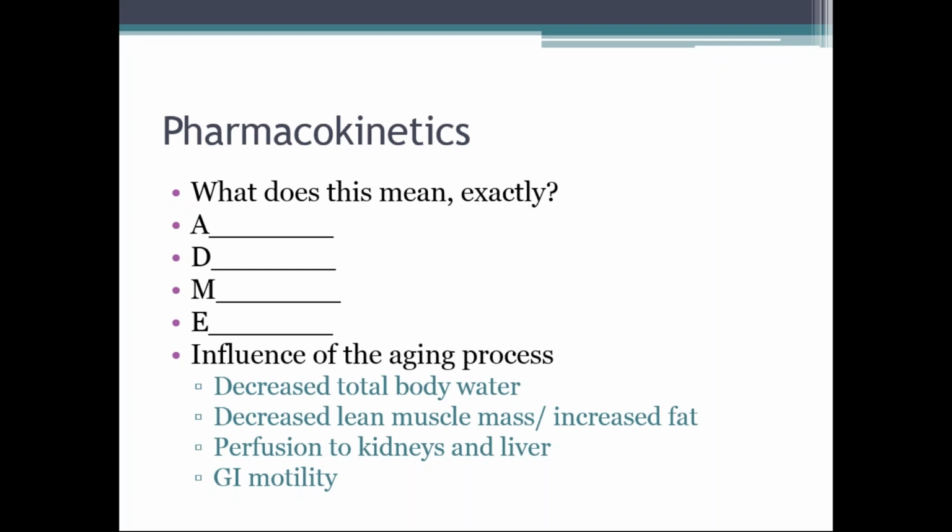From a distribution standpoint, that's a little different, because as the human body ages, you have a relative decrease in lean muscle mass, and therefore a relative increase in fat. You have a relative decrease in total body water. You have a relative decrease in the amount of available proteins floating around in the bloodstream.